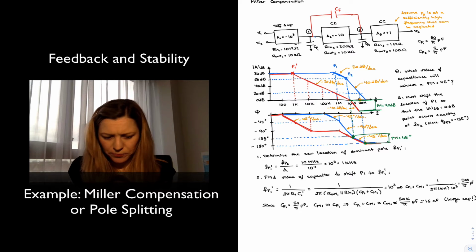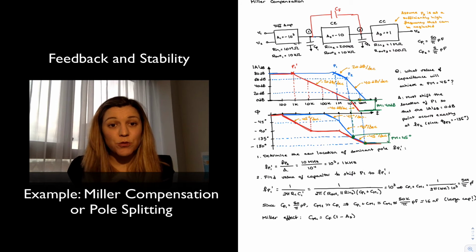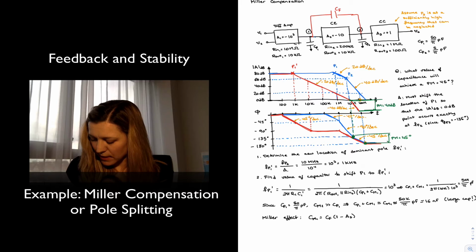If you recall, Miller effect says that CM1 is equal to CF times 1 minus A2. Since A2 is negative 10, this will be CF times 11. To make calculations simple, I'm just going to approximate this as CF times 10, times the gain.